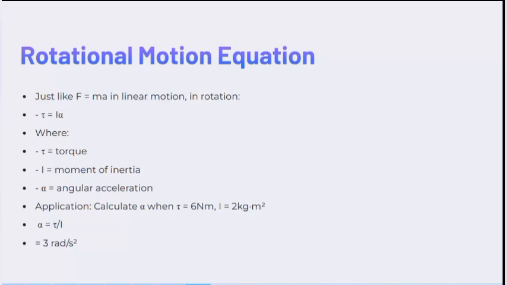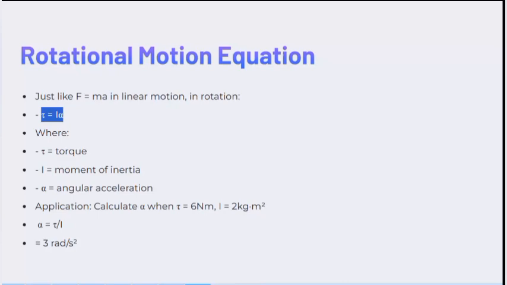There's a similar formula in the case of rotational motion: the torque is equal to the moment of inertia times the angular acceleration. The torque is equal to I alpha.